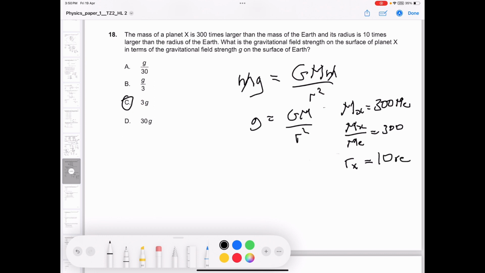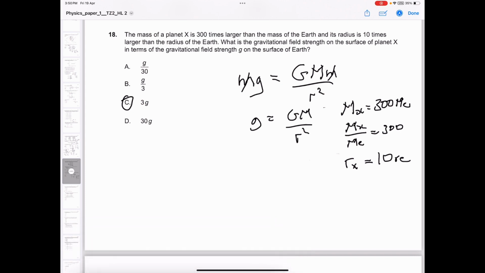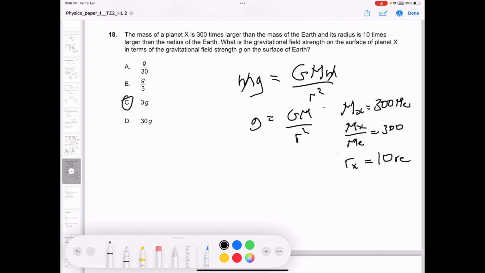So if we use this information in our equations, we know that gx is equal to g mx all over rx squared, and the g of e is equal to g me all over re squared.